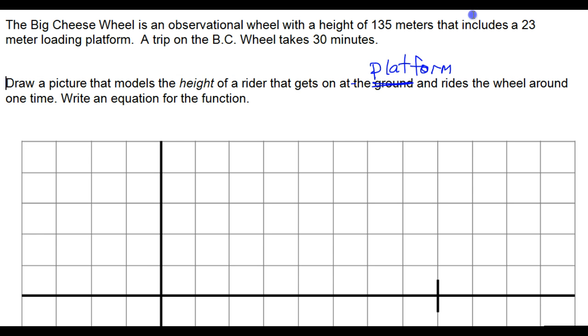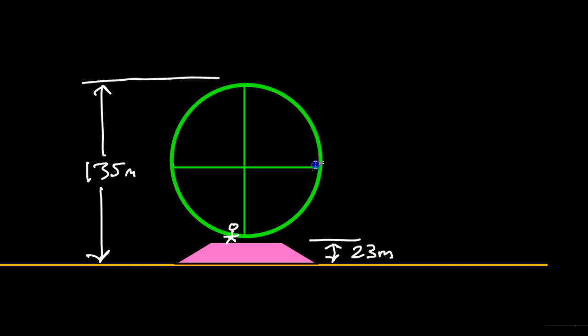What else do we have? A trip on the wheel takes 30 minutes. That's the period, right? 30 minutes is one trip all the way around. Once we get back, we're starting over again.